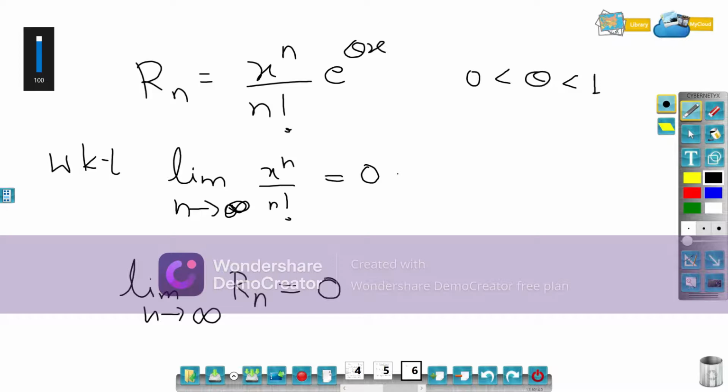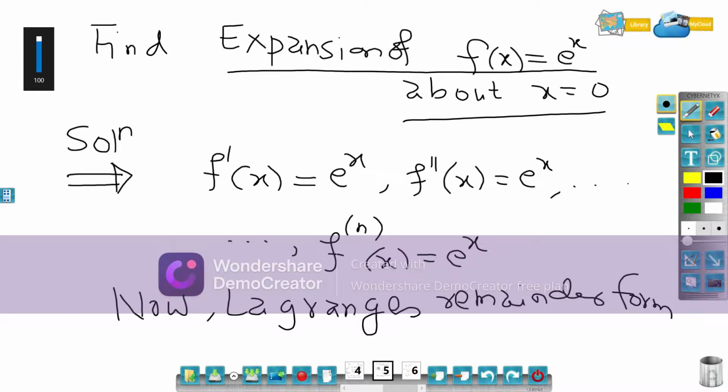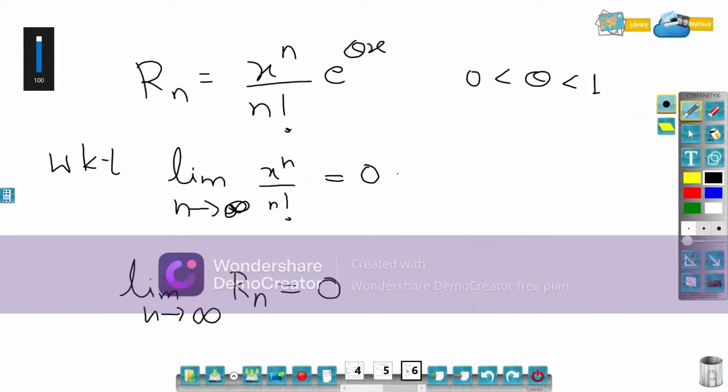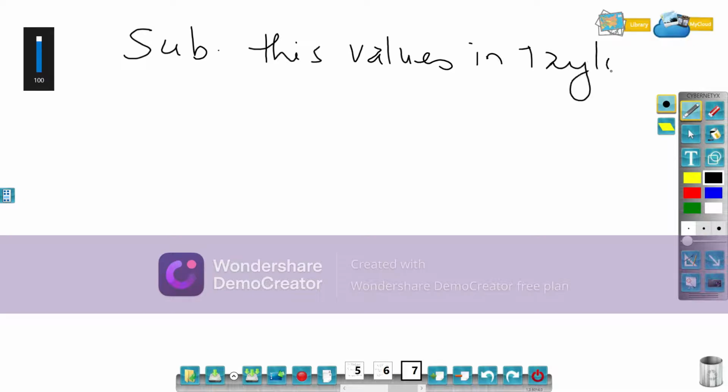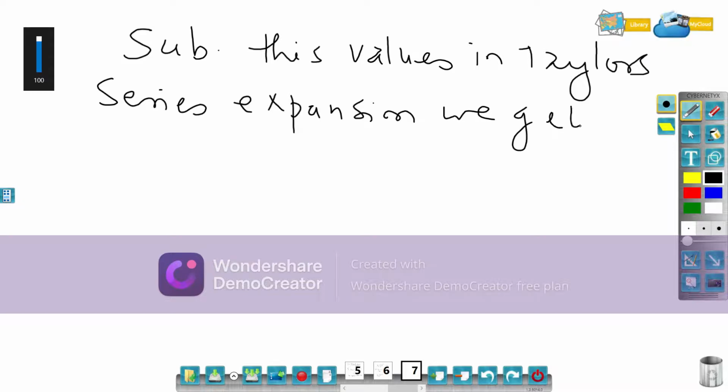So if I substitute all these derivatives in the Taylor's series expansion, we get what I will get as follows.